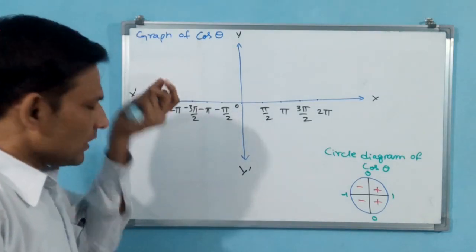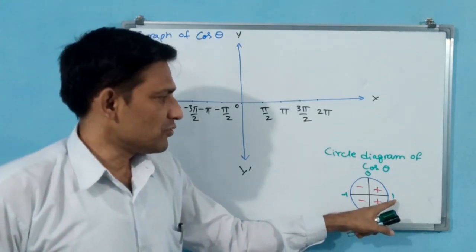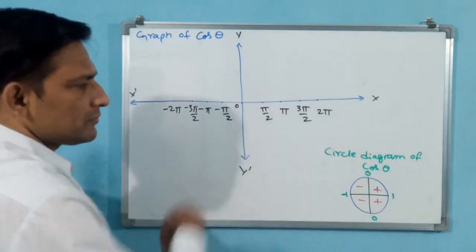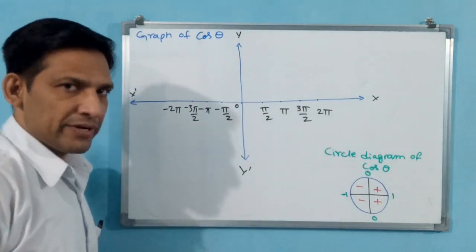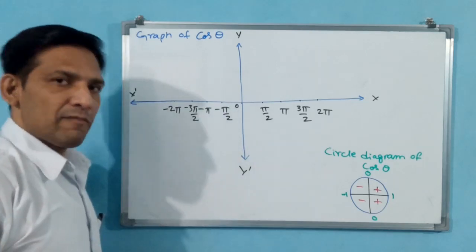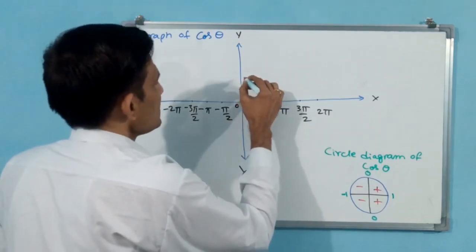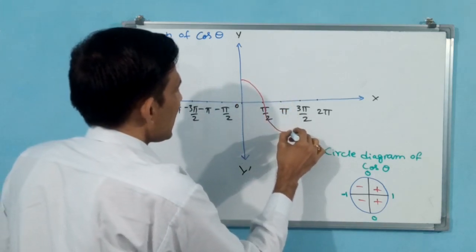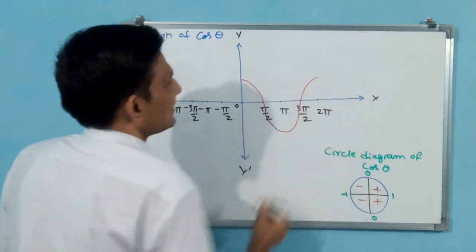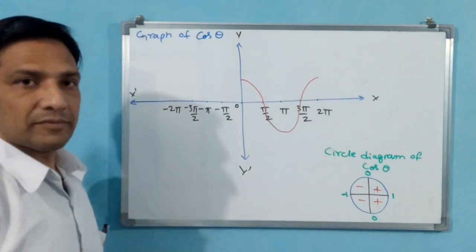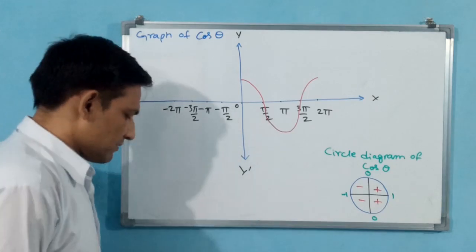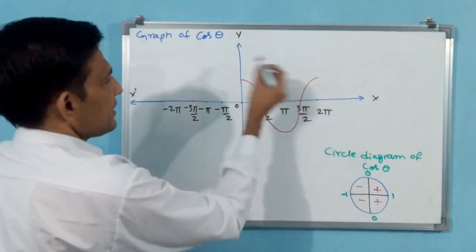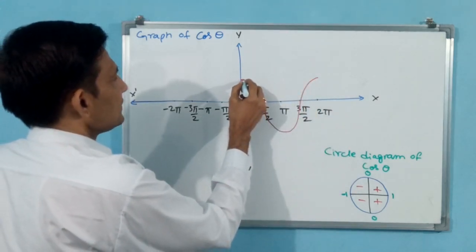You see here, cos theta starts from 1 at 0 degree. It is already at position 1, going to 0. That means if you go from 0 to 90 degree, or 0 to pi by 2, value is decreasing from 1 to 0. Like this it will be. Okay, you understand now? See, this is -1, this is +1, or else what I am doing, simply I am drawing in a reverse side also.